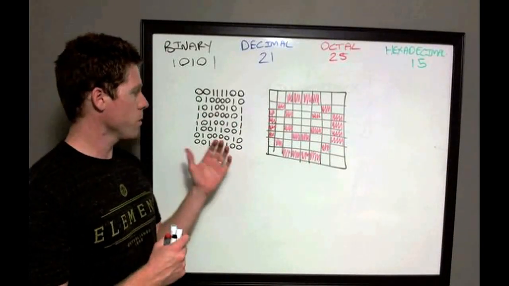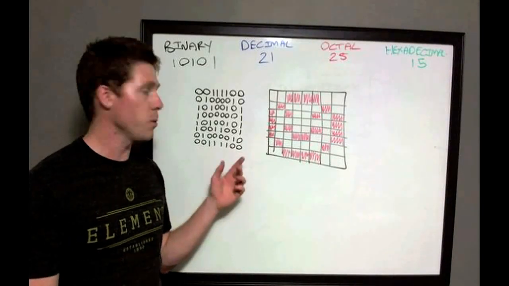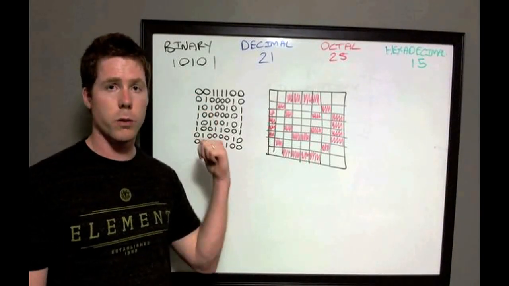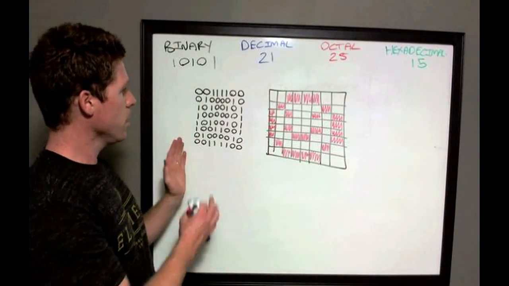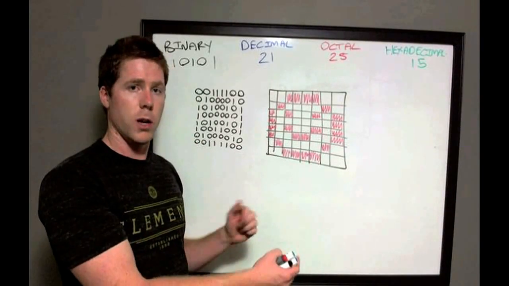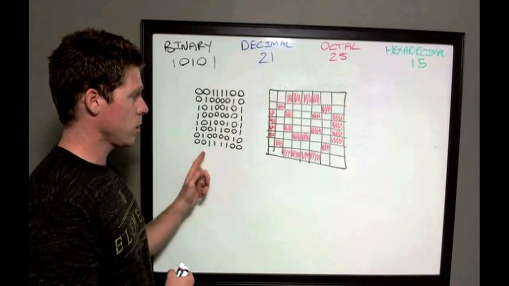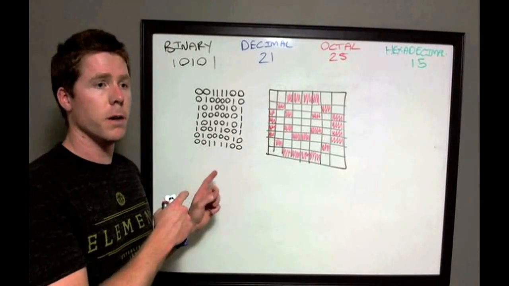So this is a good example of where it's really cool to use binary digits. Because with binary, we can actually see, in this case, what LEDs will be turned on and what LEDs will be turned off. So we can actually see the picture in the binary.